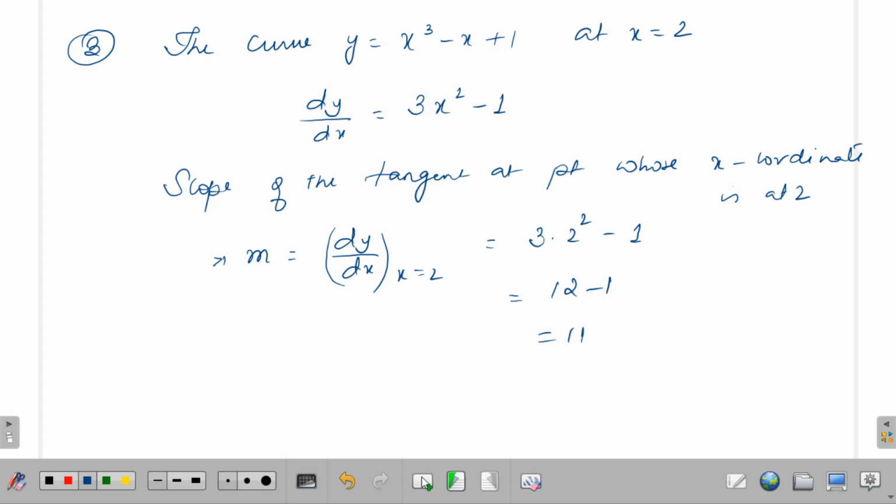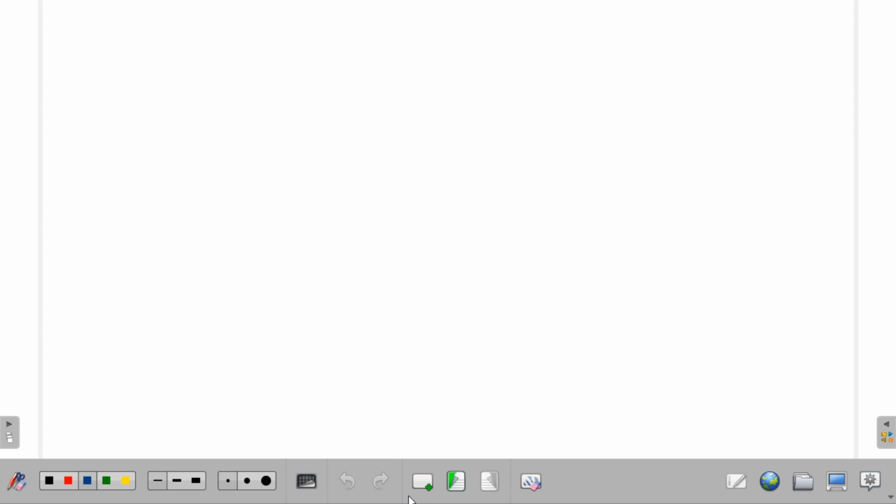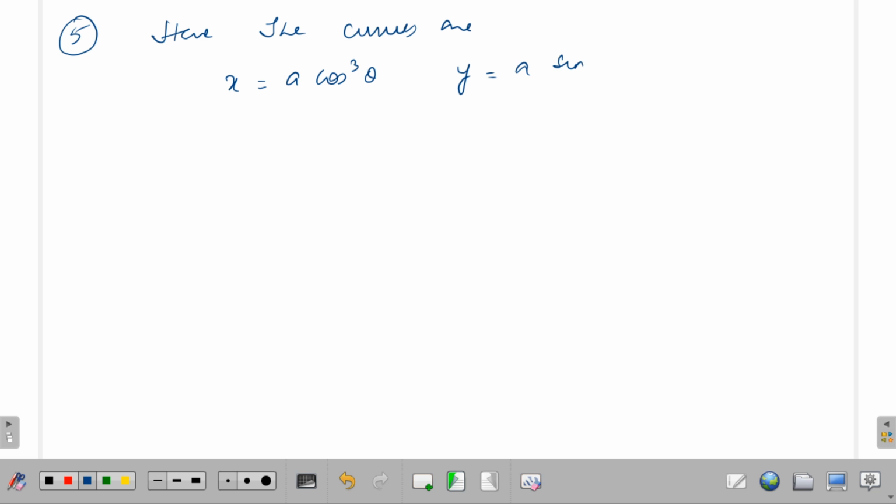Again, let me jump to the next question. Let me focus on question number 5. In question number 5, the question is a little bit different because here the curves are x equals a cos cubed theta and y equals a sine cubed theta, and it's given that theta equals pi by 4.